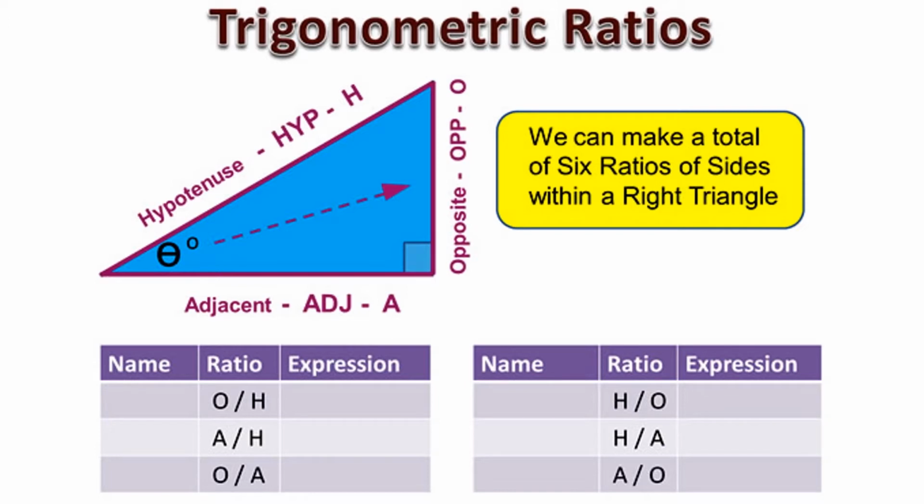The 6 trigonometric ratios are opposite side upon hypotenuse, which is denoted by O upon H here; adjacent side upon hypotenuse, denoted by A upon H; opposite side upon adjacent side, denoted by O upon A; hypotenuse upon opposite side, denoted by H upon O. Then the remaining ratios are H upon A and A upon O.